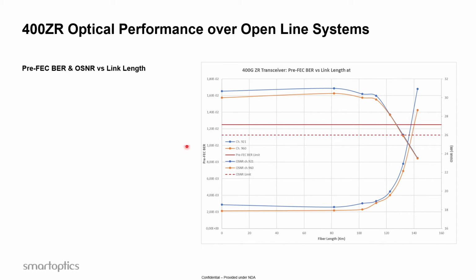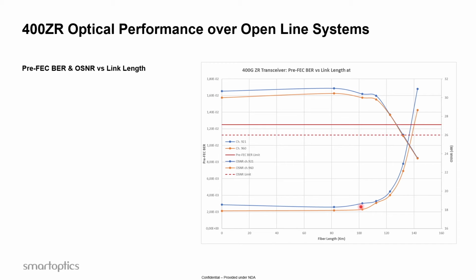Then you have the pre-FEC BER on the left side here, and that corresponds to the graph at the bottom. So when we run this up to 80 kilometer or almost up to 100 kilometer, we don't see any degradation on the pre-FEC BER. But once we start to go beyond this, this is actually based on a standard amplifier with a noise figure of 5.5 dB, and it has an optimum gain of 22 dB.